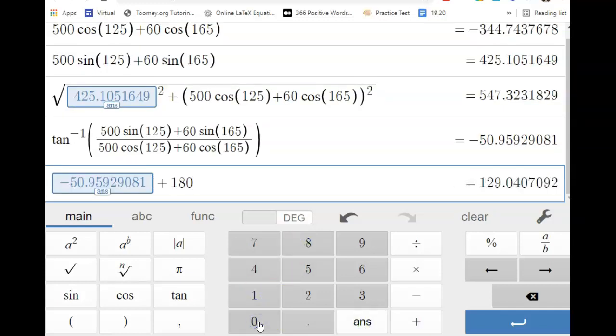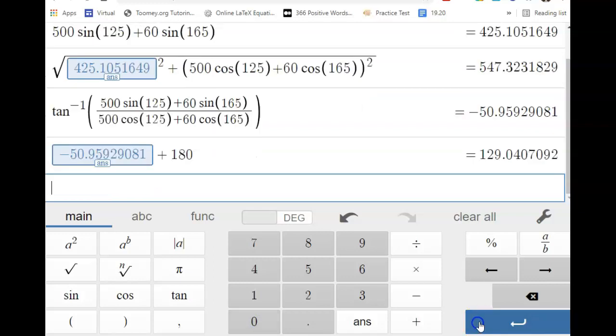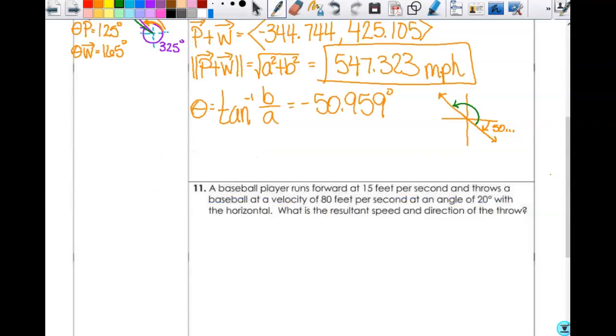I get 129.040. But all I really care about is the fact that it's 129 point something, right? And so that puts me there. The bearing that I want starts here, goes around like this. That's a true bearing.